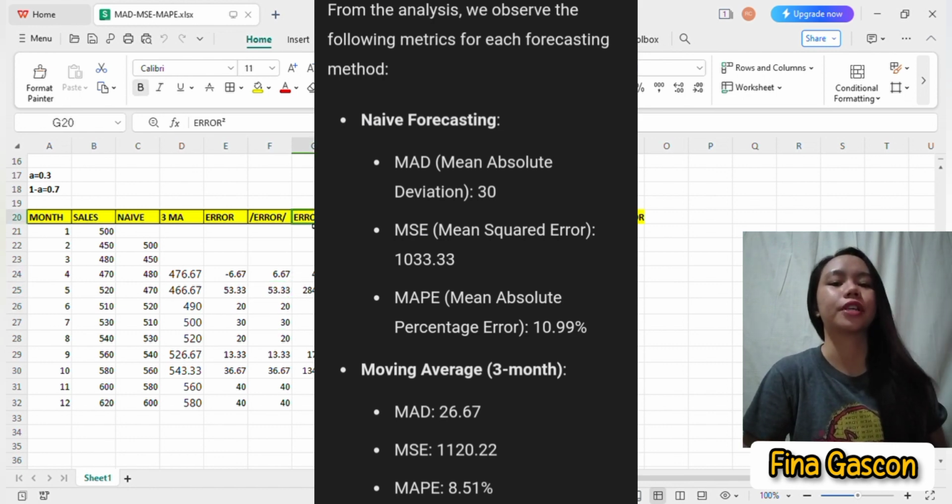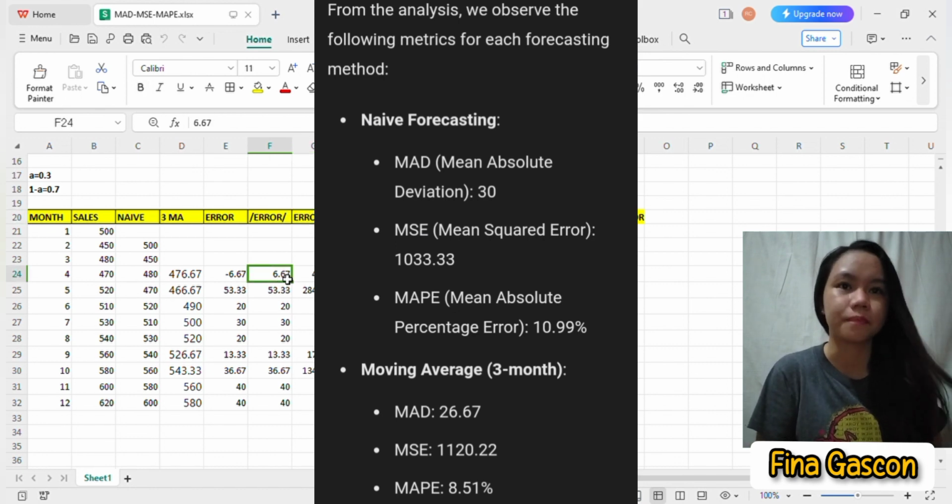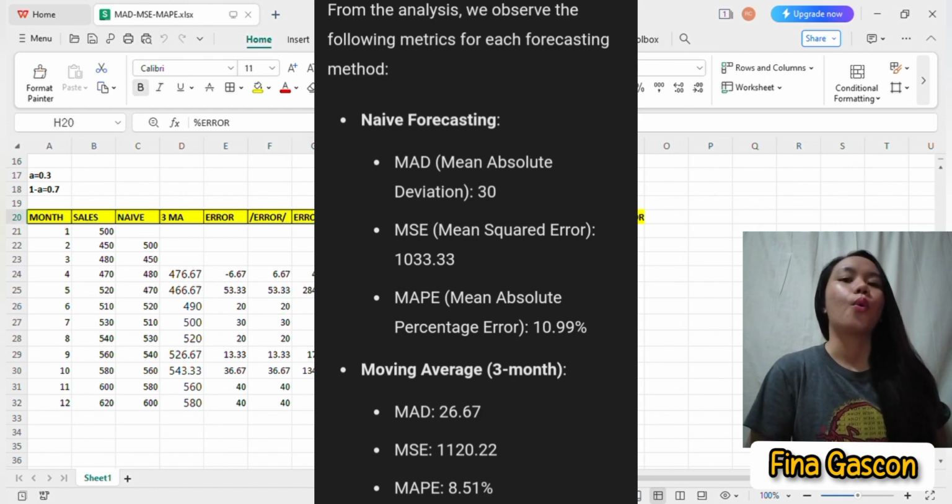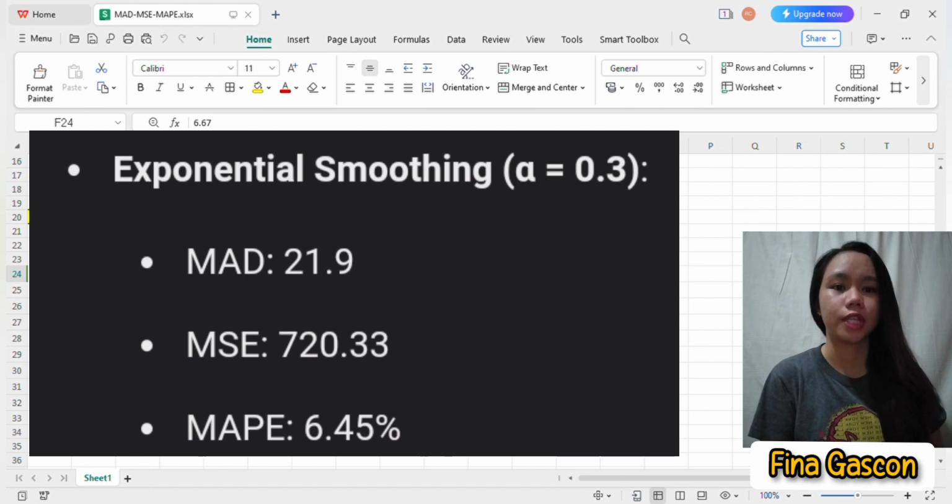For the moving average, the mean absolute deviation is 26.67, the mean squared error is 1120.22, and the mean absolute percentage error is 8.51%. For exponential smoothing, the mean absolute deviation is 21.9, the mean squared error is 720.33, and the mean absolute percentage error is 6.45%.